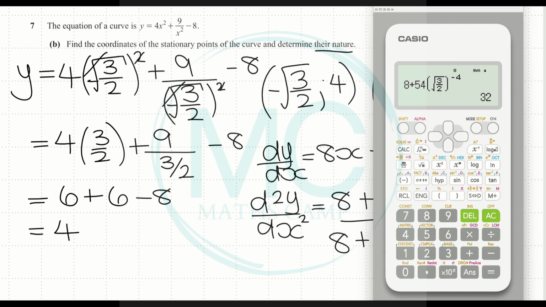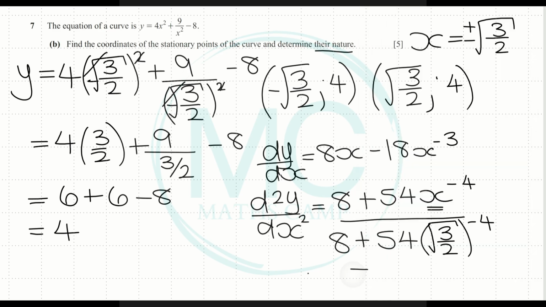And we get 32. 32 is greater than 0, which means that this is a minimum turning point. But if I were to input negative root 3 over 2 into my equation, I would still get an answer of 32. So in this case, both of my stationary points are minimum points.